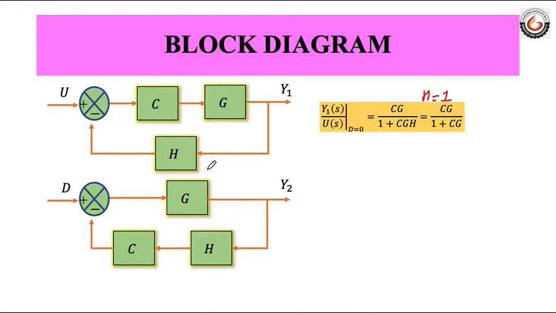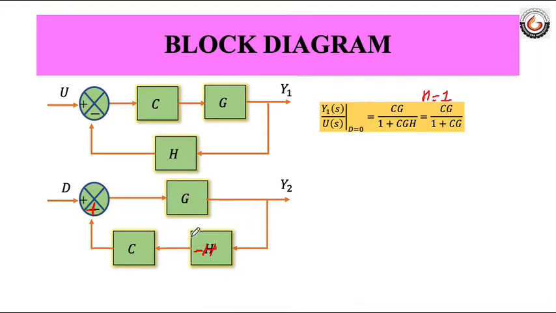Now I will put C because it is negative, and I will take H. So C and minus H go into the same loop because this completely vanished. I will take this as positive, and I can write this as negative because H is the negative feedback.